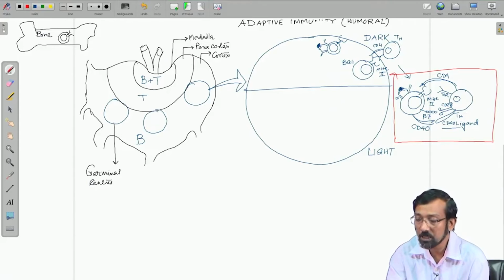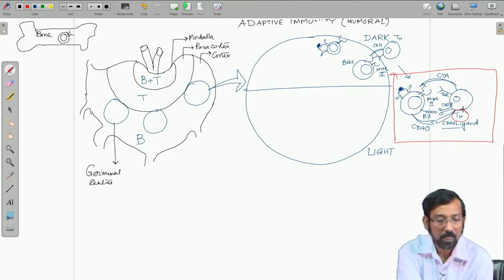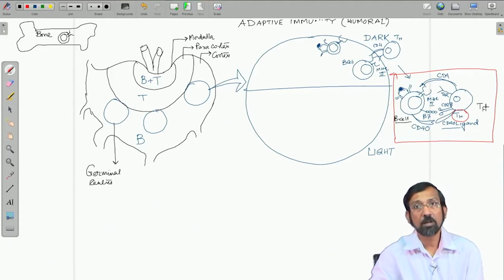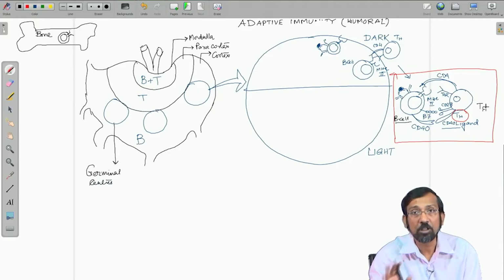So, now this is a T helper cell and this is a B cell. A B cell to a Th cell interaction is established here.